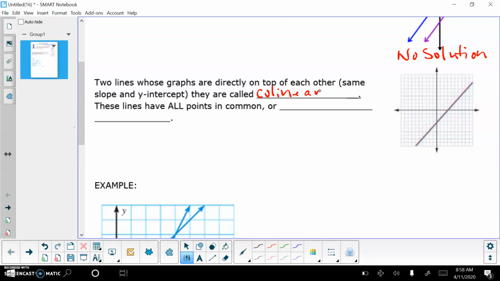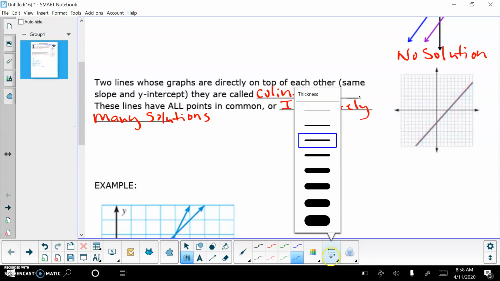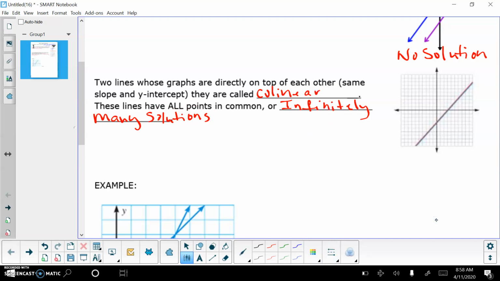Well, that means every single spot is the solution, and since we can't name them all, we say infinitely many solutions. And I'm also going to label that up top, that these are collinear, and they have infinitely many solutions.